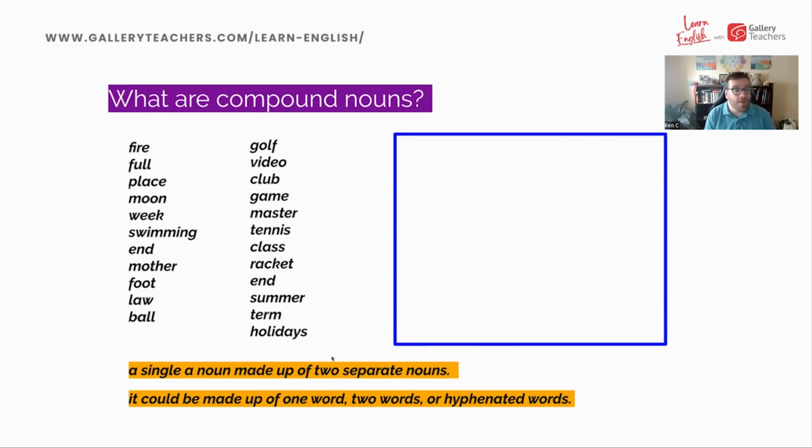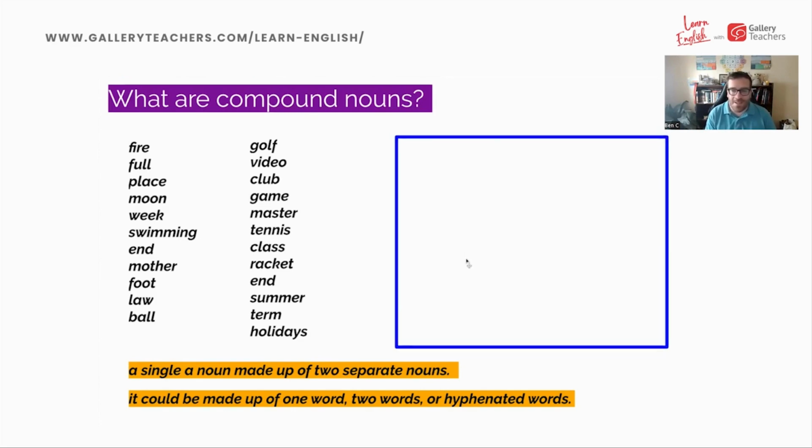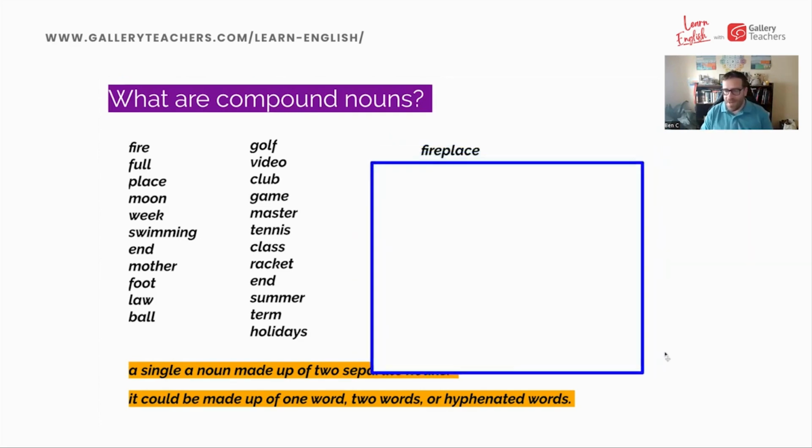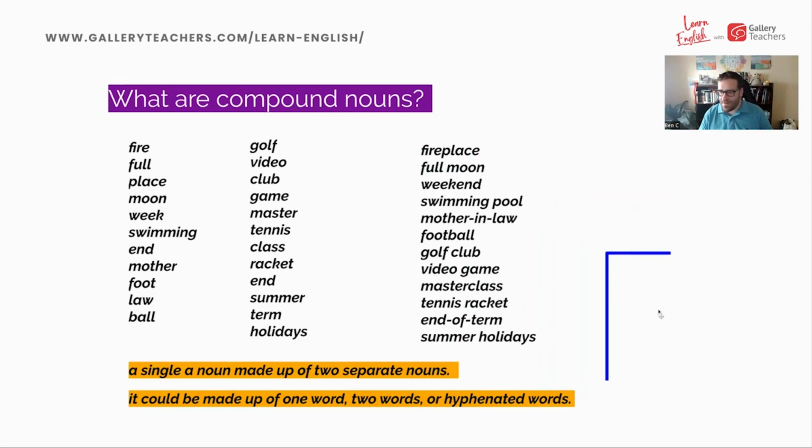Now, a compound noun is a single noun that's made up of two separate nouns. So if we look here, I've joined these ordinary nouns into compound nouns. So we have fireplace, full moon, weekend, swimming pool, mother-in-law.